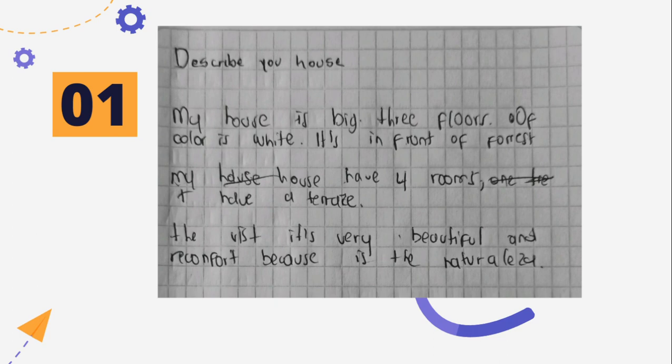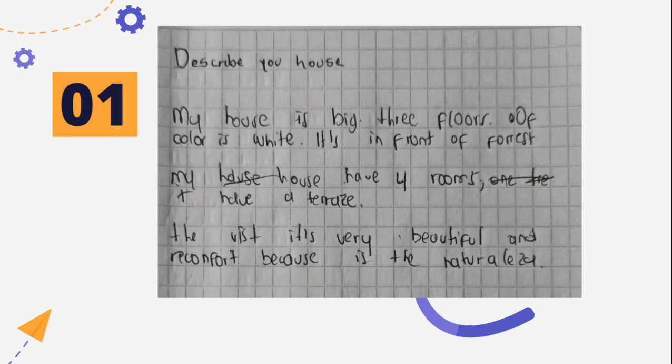So here we can see when the person says "of color is white", that is an interlanguage error. The correct form to say it would be "the color is white".